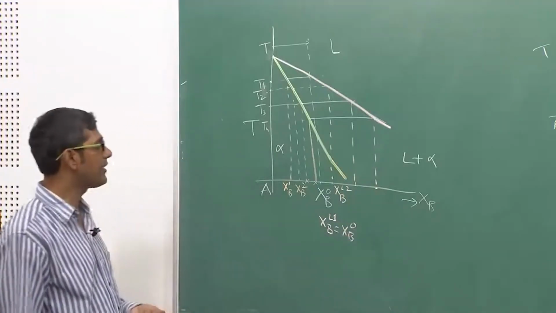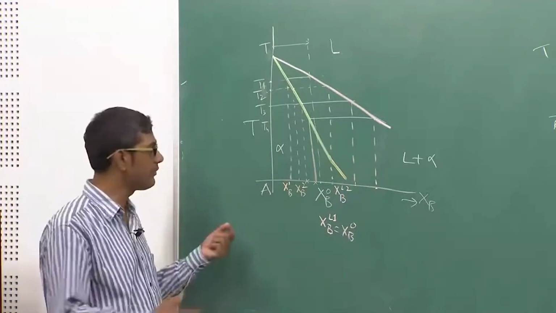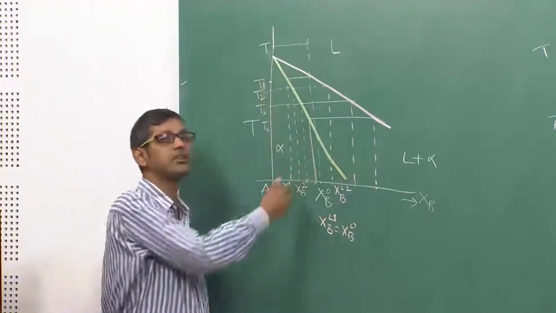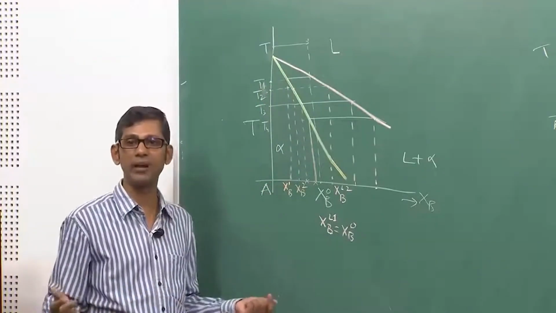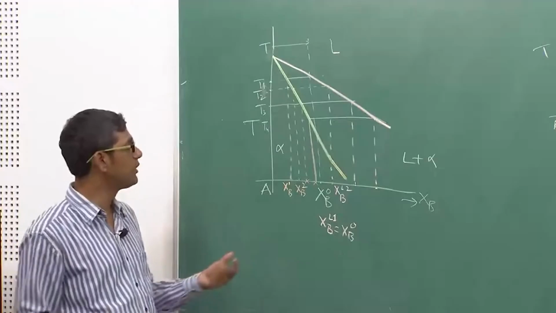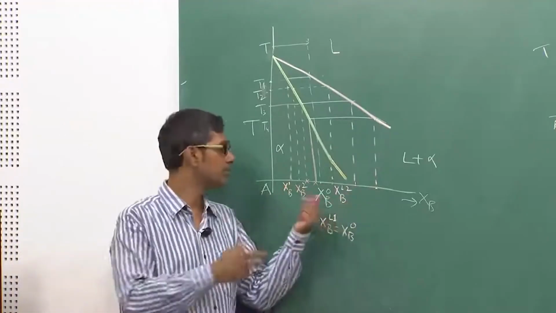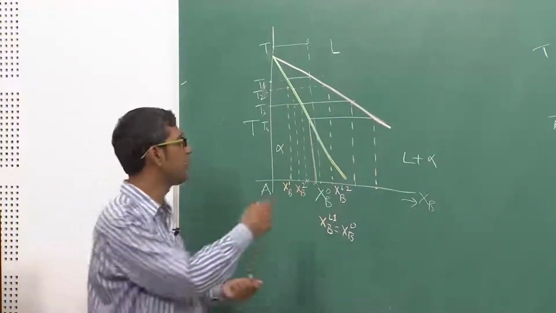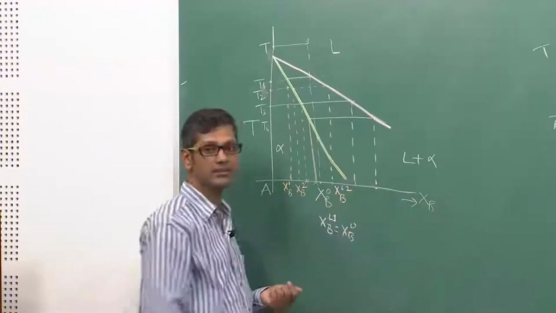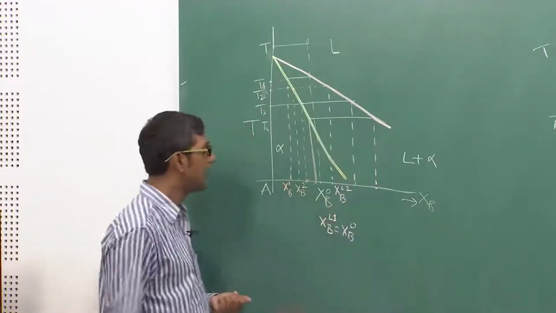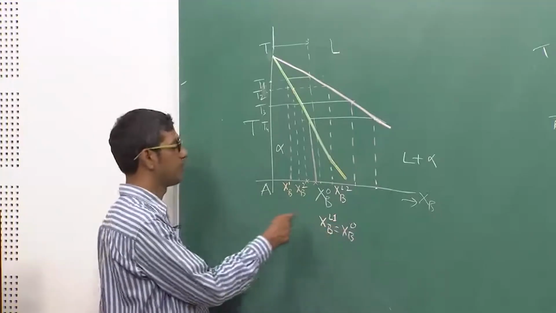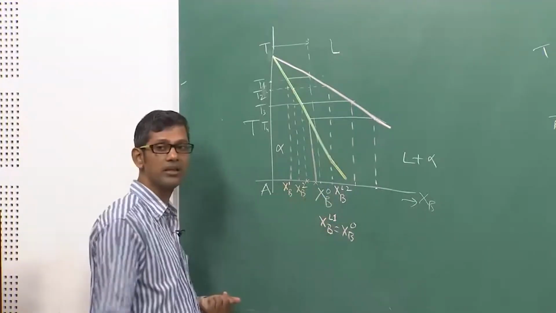So as the system is getting cooled continuously from high temperature to lower temperature, solidification will happen, and this solidification will lead to solute getting rejected into the liquid. Because of that, liquid composition will further increase. As you see here, liquid composition increased from Xb0 to Xb2 and further, and solid composition also has increased from Xb1 to Xb2 and further.